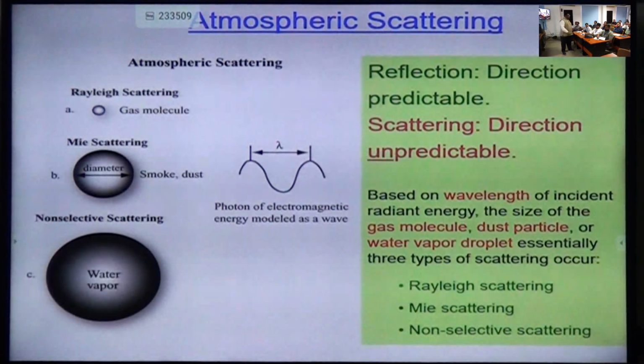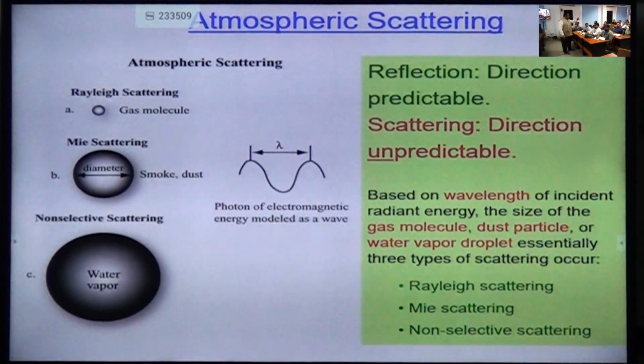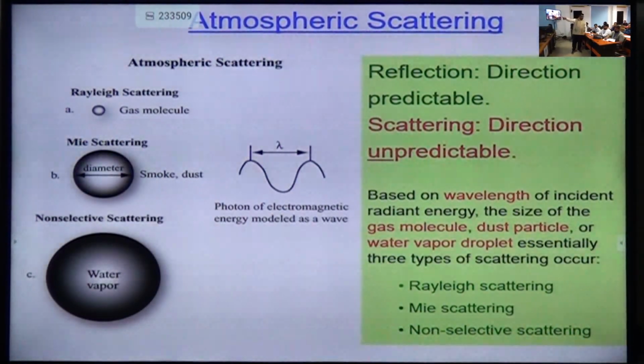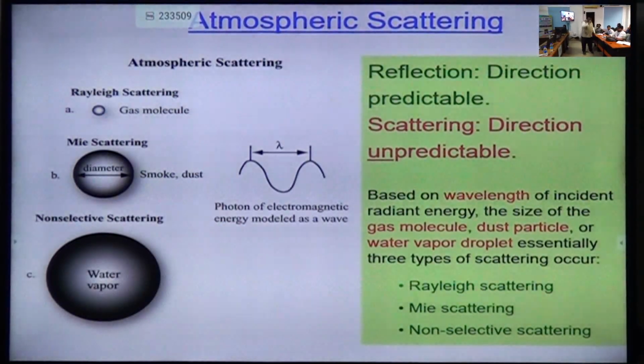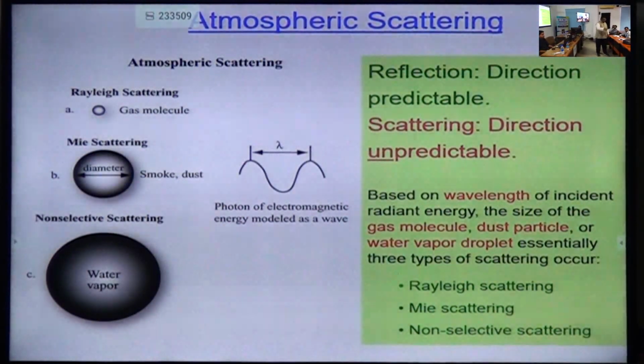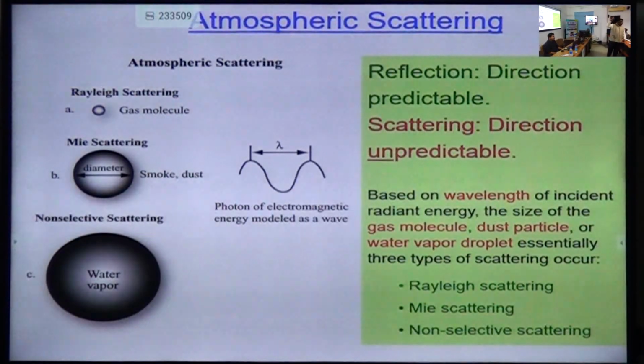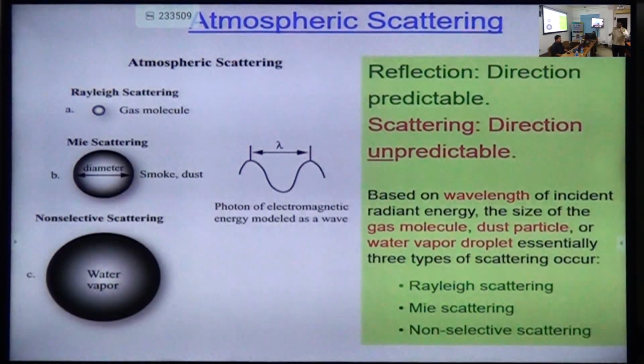Yes, there are three types of scattering. First, what is scattering? Reflection means it is in a specific direction. Scattering means reflection in any direction. The direction is predictable in reflection. If you hit a ball like this, it will come back in the same direction, but scattering is random.